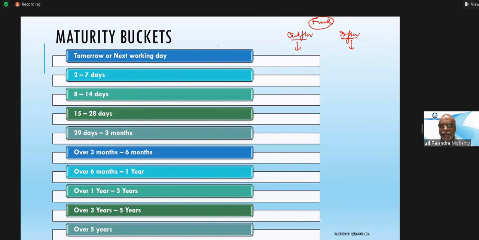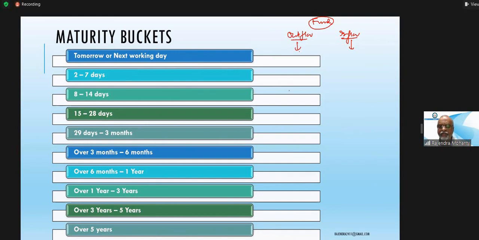So a maturity ladder or maturity bucket is to be prepared to compare the bank's future cash inflow to future cash outflow. So what is your future outflow and future inflow? Both till 5 years, you can easily compare.